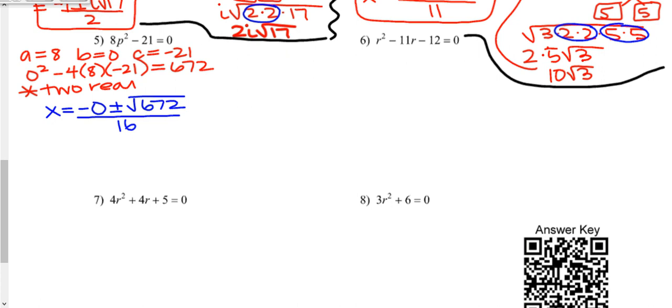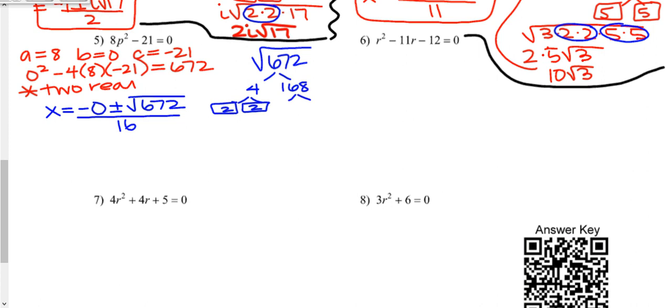Now off to the right, I'm actually going to do that, root 672, sorry, and simplify that. I'm going to break that down into, let's see, can that be divided by 4? Yeah, 4 and 168. Now 4 can be broken up into 2 times 2.